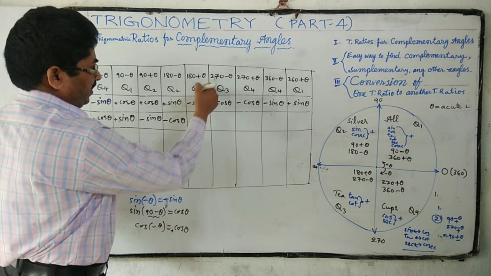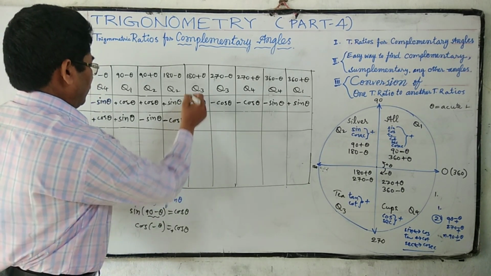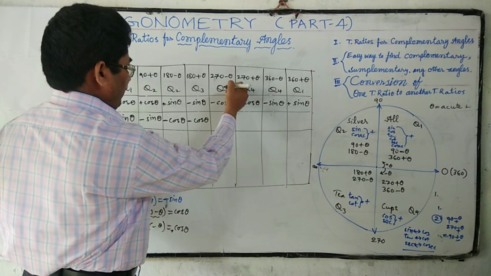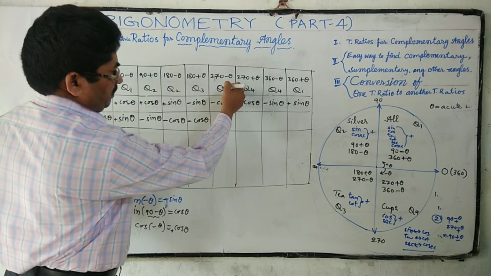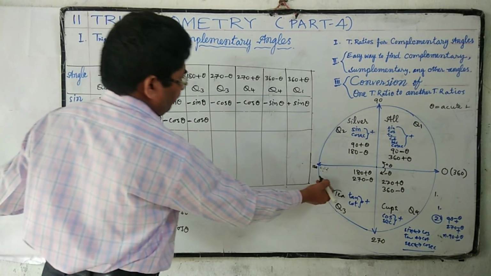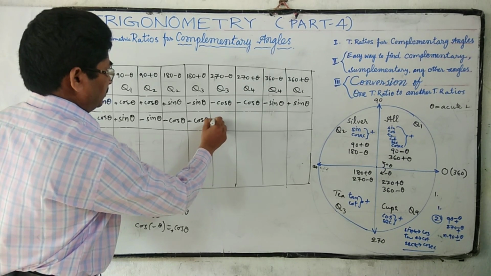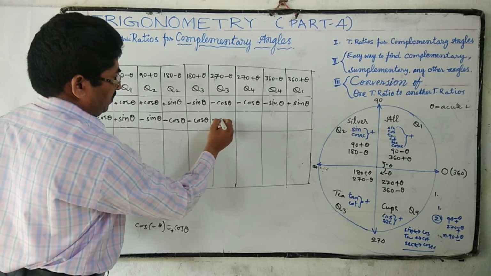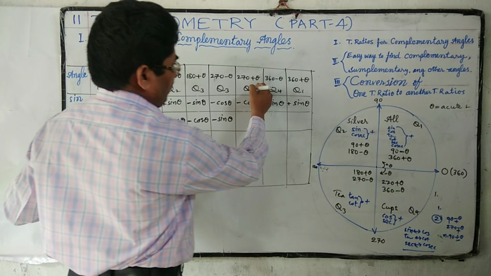180 plus theta, all silver T. So this also minus. No need to change the function: minus cos theta. 270 minus theta, all silver T. So in this also negative, minus. Cos 270 minus theta is minus sin theta. All silver T cups.